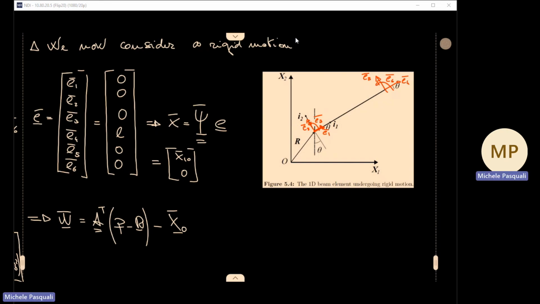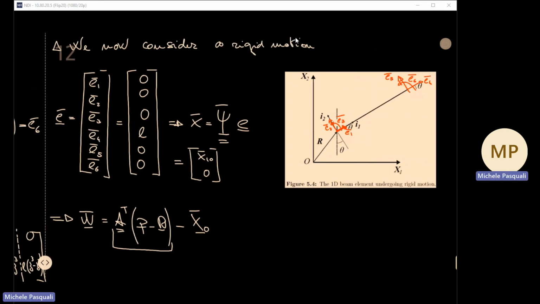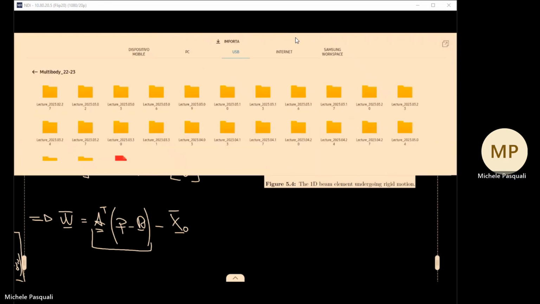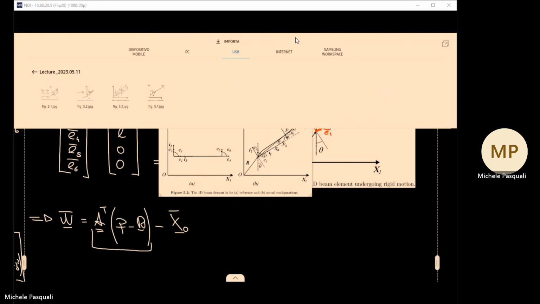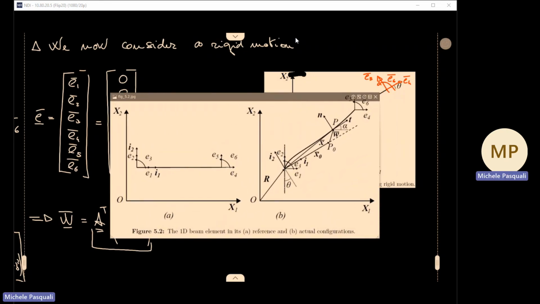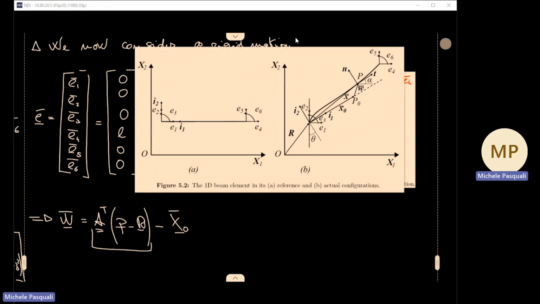But this one here, what is it? This quantity here, in the single element body analogy that we have done. Go and check. Actually, sorry, let me show it to you right now. So here we have that W is something minus X0. Go and check this.